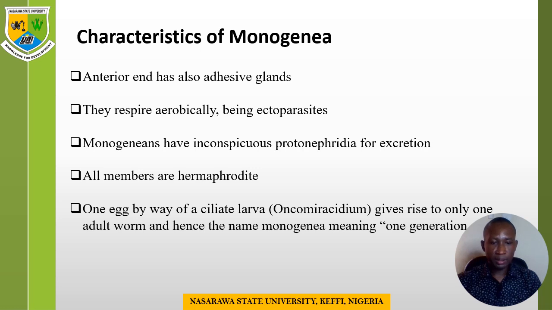One egg, by way of a ciliated larva, gives rise to one adult worm, which necessitates the name mono, meaning one. They give rise to only one adult worm and exhibit one generation.